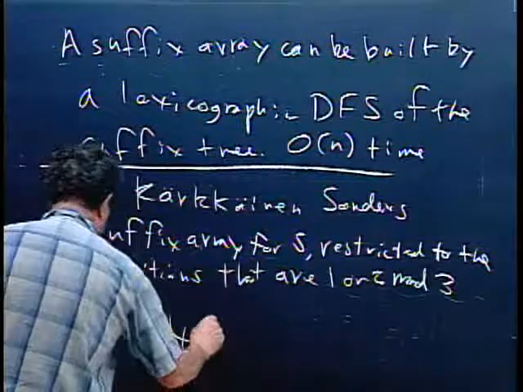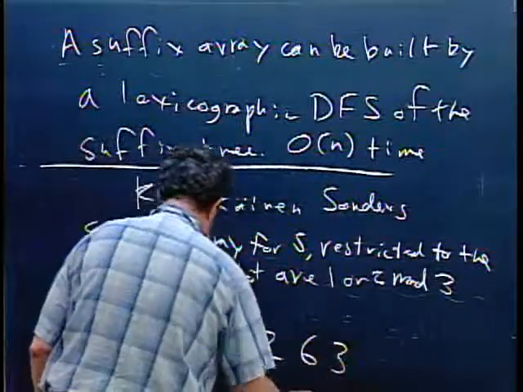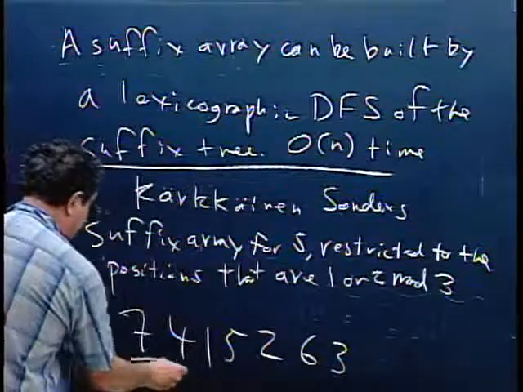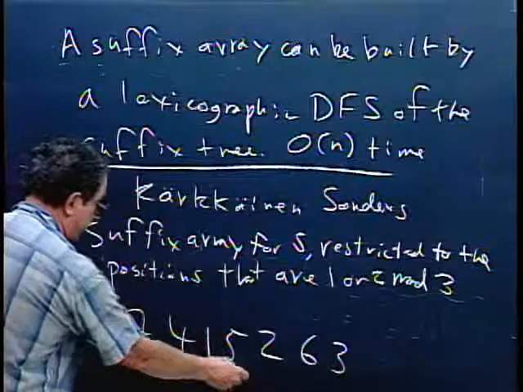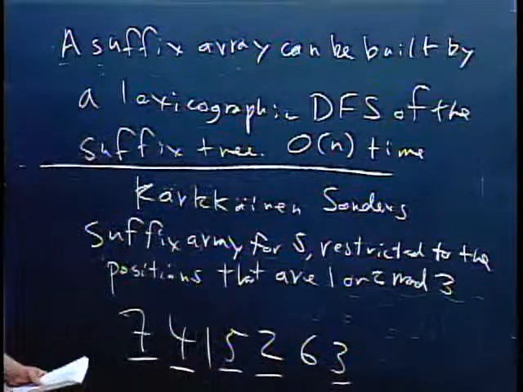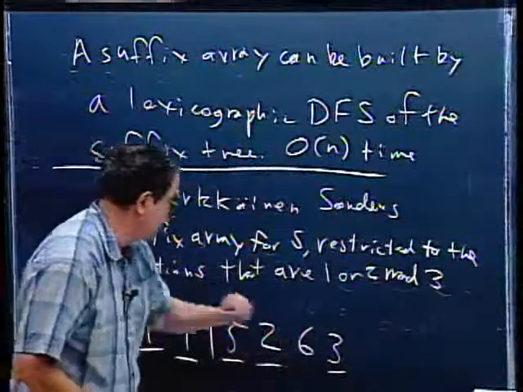We have 7, 4, 1, 5, 2, 6, 3. And so restricted to positions 1 or 2 mod 3, we'd have the 7, the 4, but then we would skip the 1, we'd have the 5, the 2, skip that, and then we'd have the 3. Okay? So we would have this restricted suffix array 7, 4, 5, 2, 3.